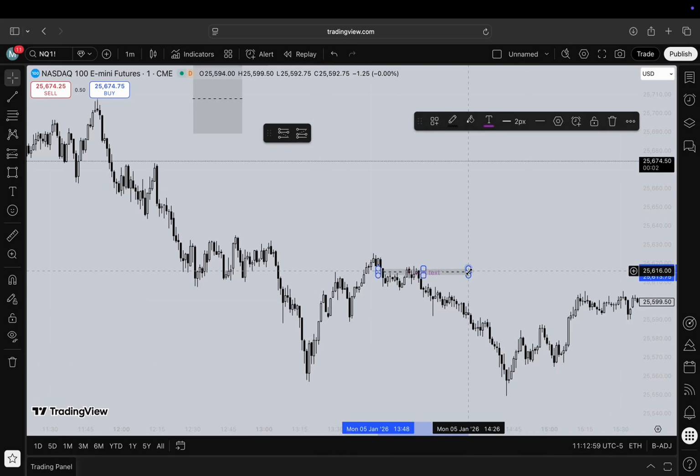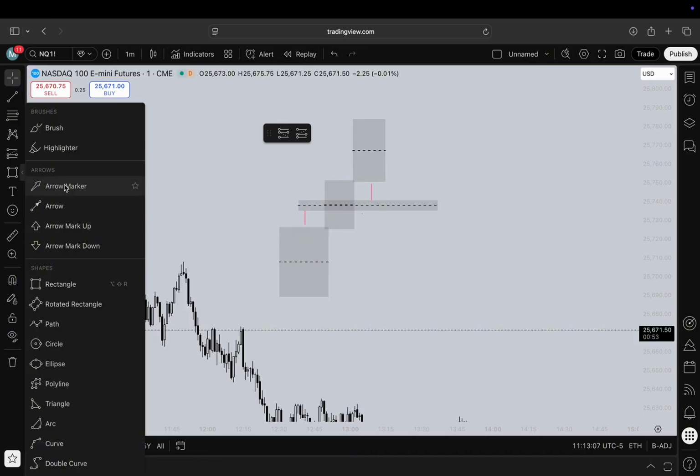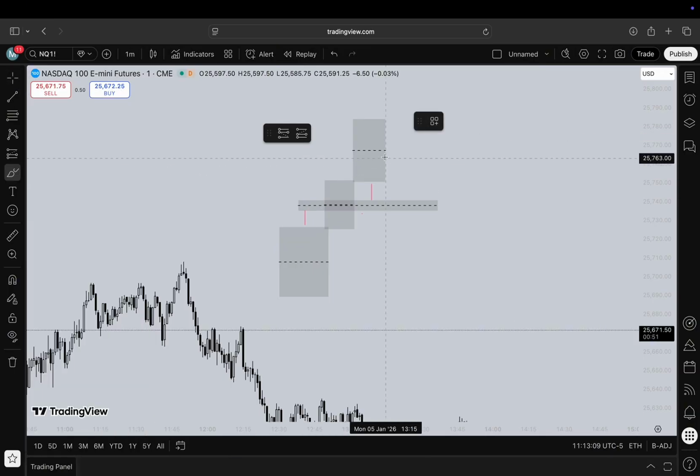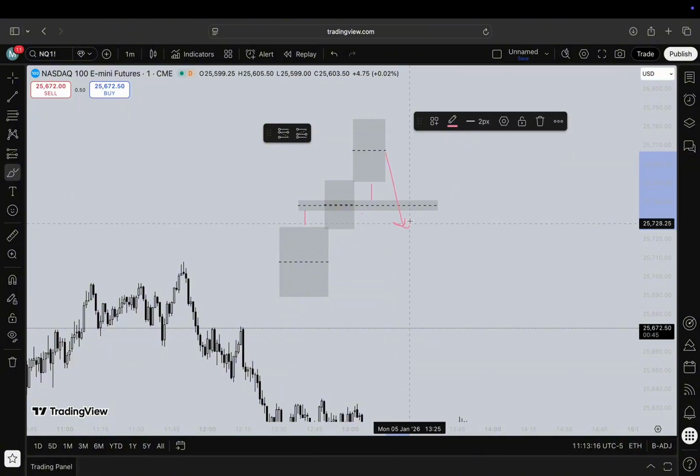So an inversion fair value gap is when price crosses below the fair value gap. If we have the next candle and it closes below this gap, then that is called an inversion fair value gap, because the fair value gap failed, so it is no longer a bullish signal.